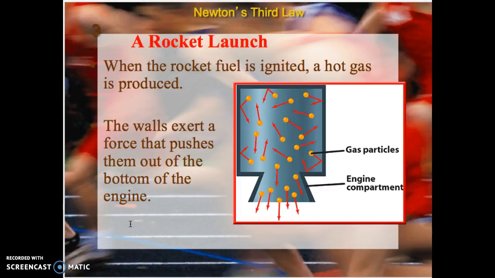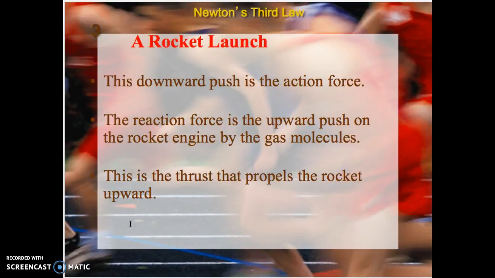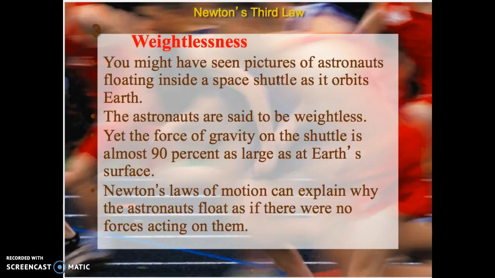Then you have the walls of the rocket pushing out and down, and in turn your rocket is going to go up and out of that area. So we have forces pushing down, which is the action, and the reaction is that it is causing the rocket ship to go up. That downward push is the action, I should say, and the reaction is being pushed upwards by those gas molecules.